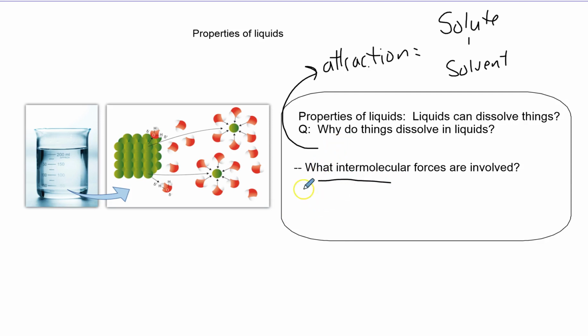Well, it could be any of them really, but probably the most common one here is going to be an ion dipole. Now, this is dealing with things that are in fact ionic, so that only works for ionic compounds, and there's a good picture of it located right here.